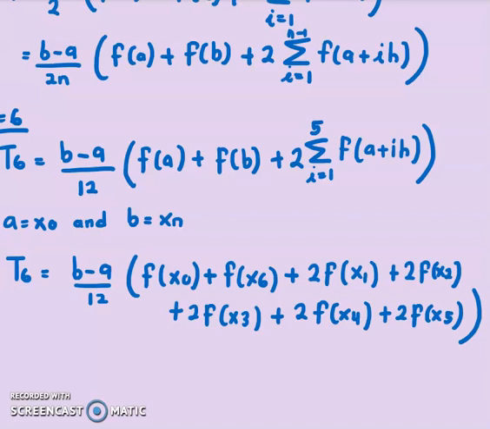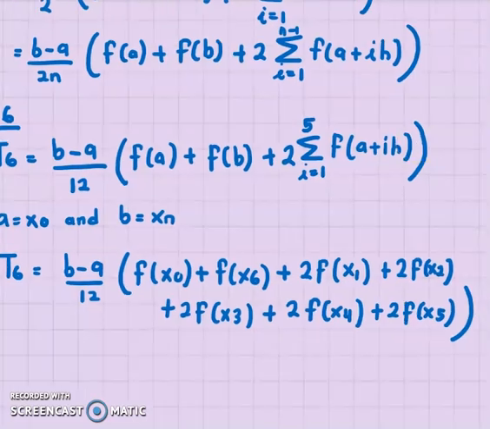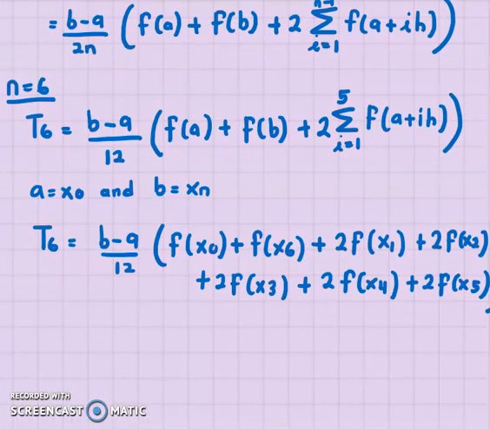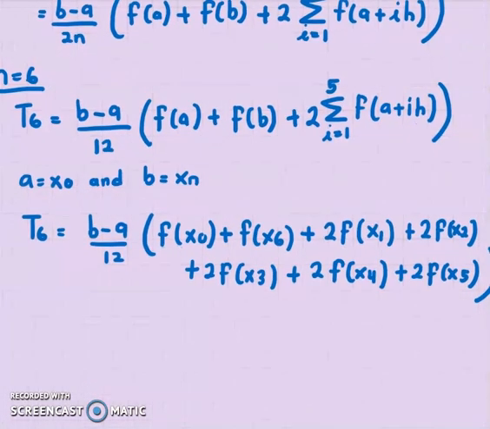This is the simple equation you obtain for n equals 6 using the composite trapezoidal rule.